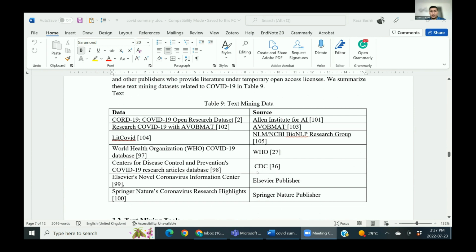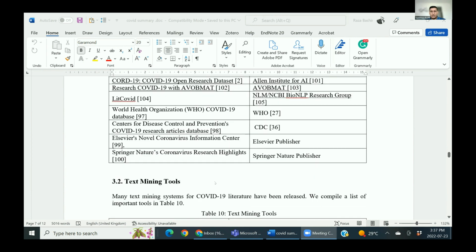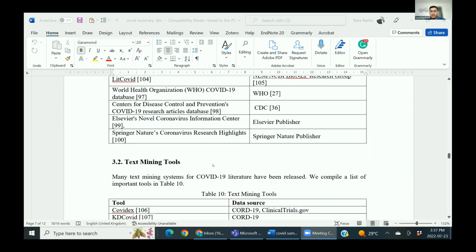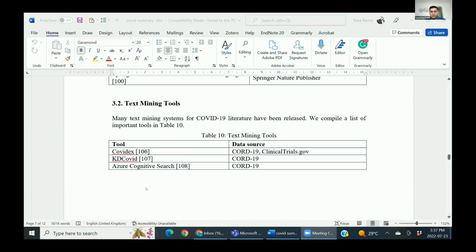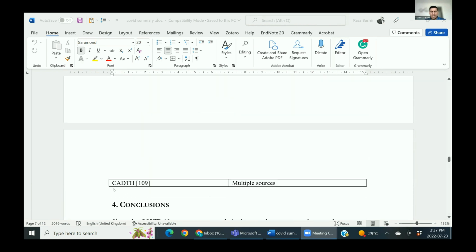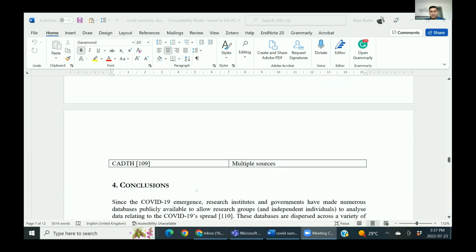WHO data is here, CDC, elsewhere publisher, Springer Nature publisher. Then we also have text mining systems for literature that have been released. These are different text mining tools: COVIDX, KD COVID, Azure Cognitive Search. These are from multiple sources.